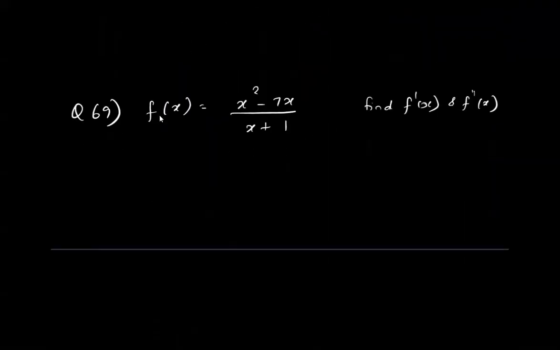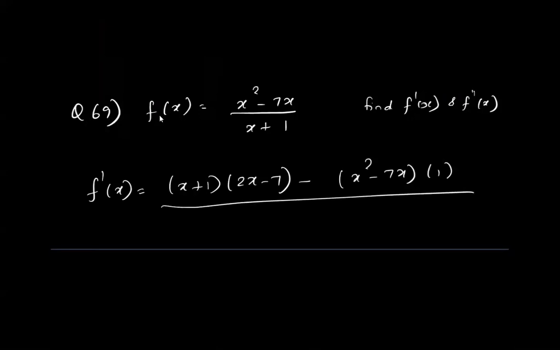All right. Now here, for the first and the second order derivative, we have to use the quotient rule. So quotient rule: (x plus 1)(2x minus 7) minus (x squared minus 7x) times 1, all over (x plus 1) the whole squared. I FOIL here.